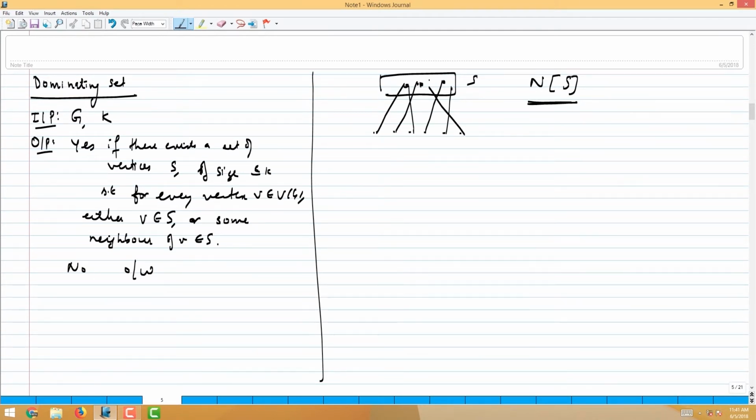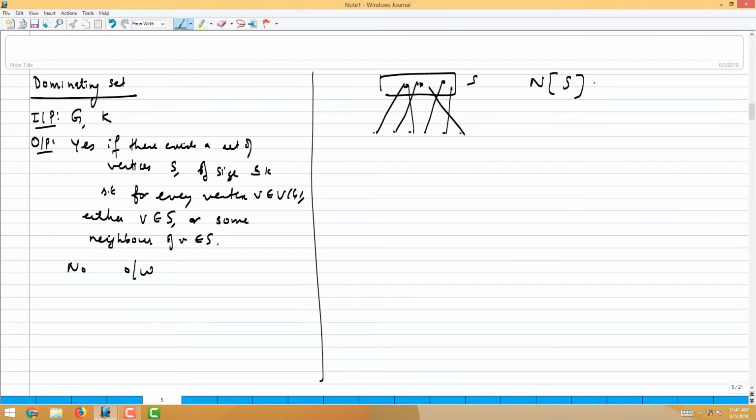Look at any vertex in the graph, that has to be a neighbor of some vertex of S. Okay, it is, but I think I'm not able to convey the definition of N of S, the closed neighborhood. Let me write N of S.